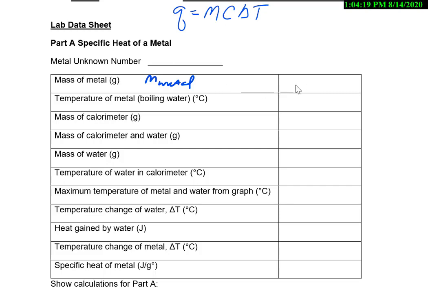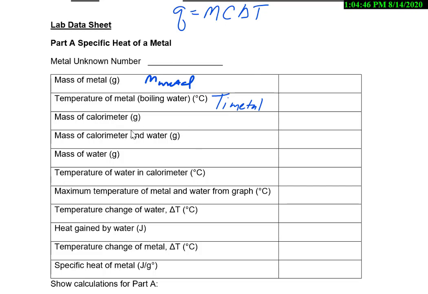And I'm not going to give values, you'll get those from the video, but we'll just label all of the different variables. Then you've got the metal that's in boiling water, and it's in boiling water long enough that the metal is assumed to have the same temperature as the boiling water. So this is actually going to be the initial temperature of the metal.